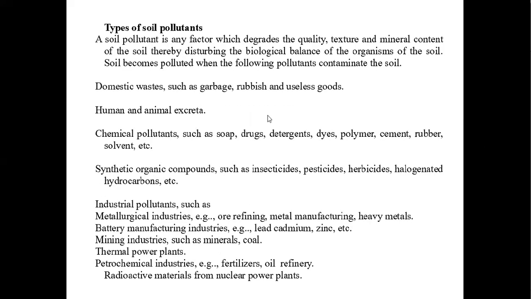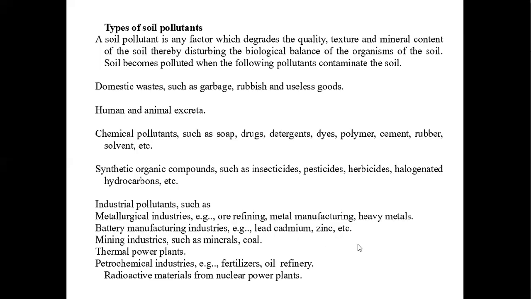There are different types of soil pollutants, like domestic waste such as garbage, rubbish, and useless goods, and human and animal excreta; chemical pollutants such as soap, drugs, detergents, dyes, polymers, cements, rubber, solvents, etc.; and synthetic organic compounds such as insecticides, pesticides, herbicides, and halogenated hydrocarbons. Industrial pollutants include lead, cadmium, zinc, etc. from metallurgical or battery manufacturing industries.